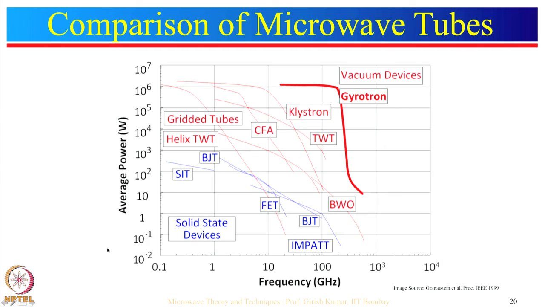So depending upon the power output requirement and the range of frequencies, any particular microwave tube can be selected. So this is all about the microwave tubes.